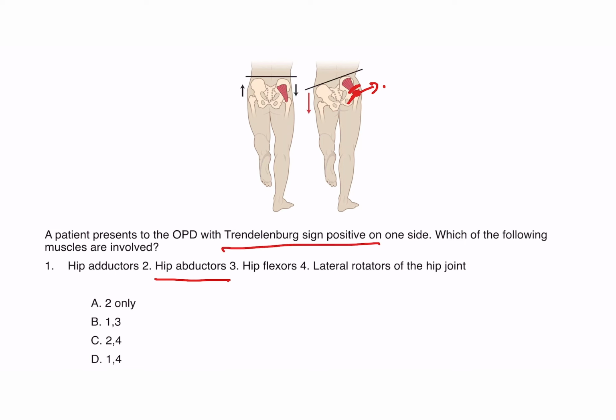What is a Trendelenburg sign positive? If you ask the person to stand on the affected limb, the opposite hip would dip down. So which abductors are being tested? The abductors of the standing limb are being tested.